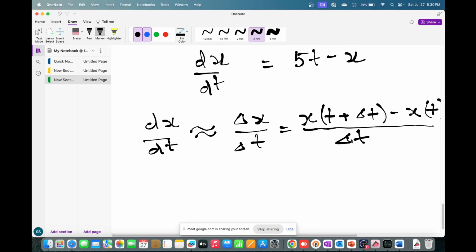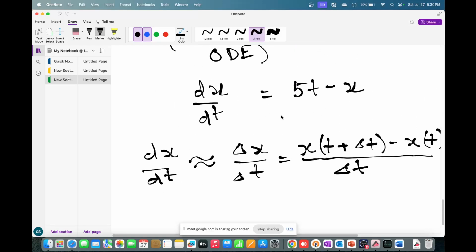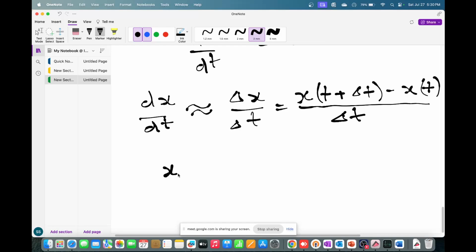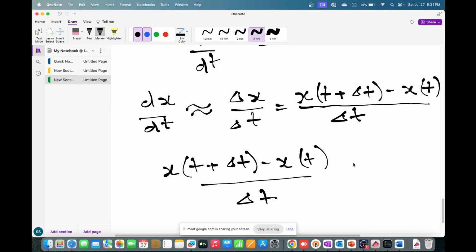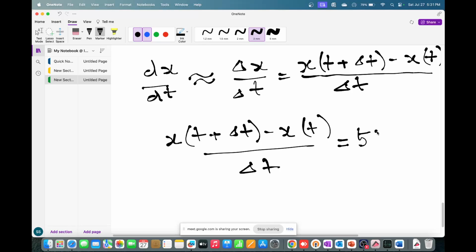This is how you define dx/dt in terms of Taylor series approximation and the Euler method as well. Now your dx/dt is given as 5t minus x. So what you have is (x of t plus delta t minus x of t) by delta t equal to 5t minus x.